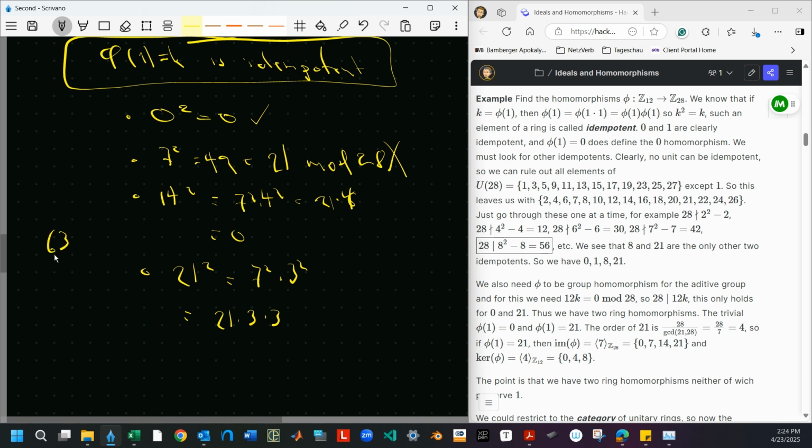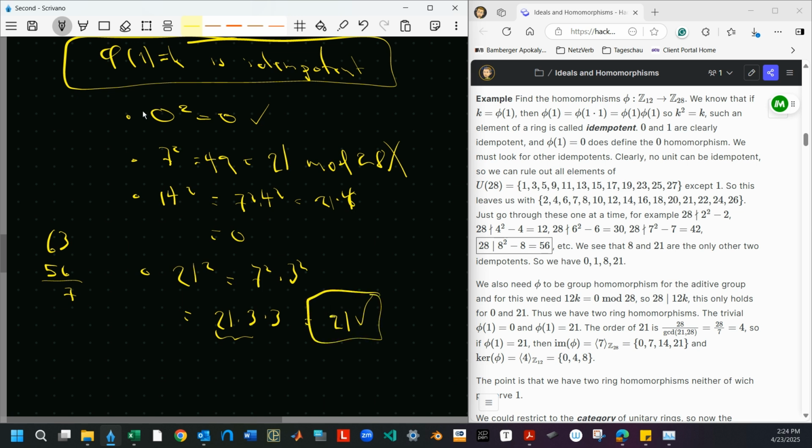How many times does 28 go into 63? 56 is 2 28s, so we're looking at a difference of 7. I'm getting nervous. So 63 is equal to 7 mod 28, and then 7 times 3 is equal to 21. Yay! So there's another one.